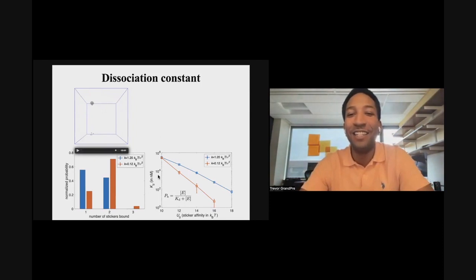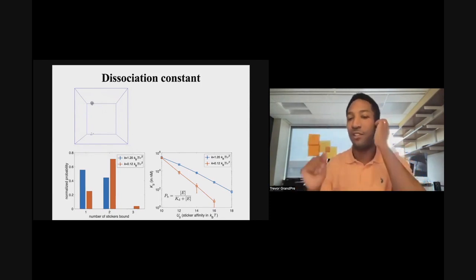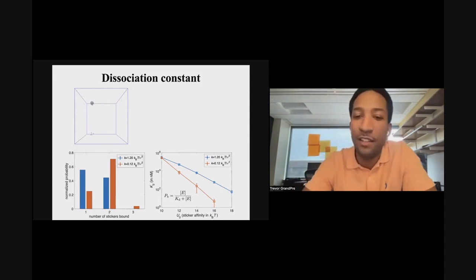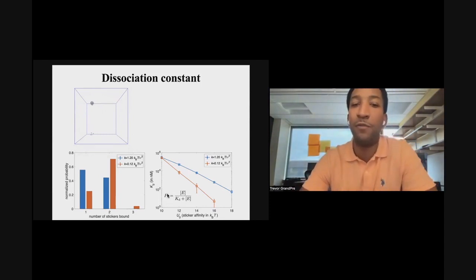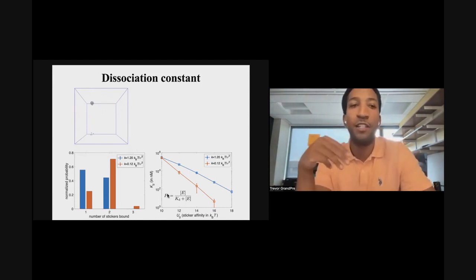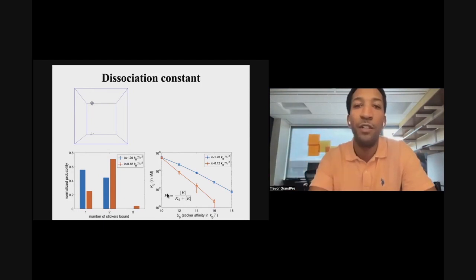And the idea is that, as shown in this equation in the bottom right, you can take this E in brackets as the concentration of EPYC1, KD is the dissociation constant, and PB is the probability of EPYC1 being bound to Rubisco. And so from computing the fraction of time that EPYC1 is bound to Rubisco, we can back out the dissociation constant, as shown in this plot in the bottom right.